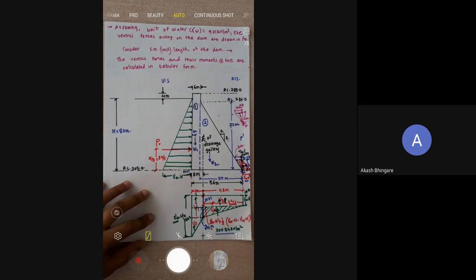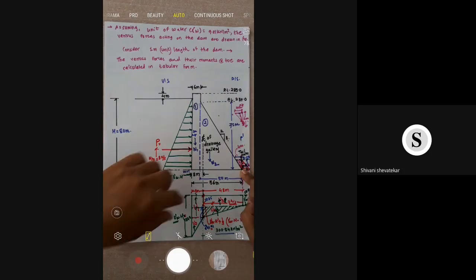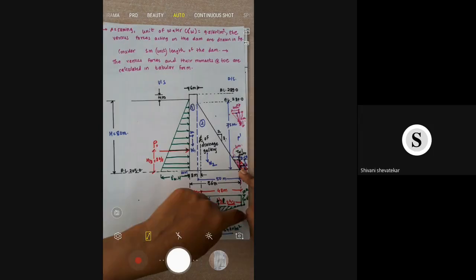Okay, what is the nature of movement? That only you have to reply. Clockwise or anti-clockwise? Toe is there, it is a horizontal force, so it will be creating a movement in which direction? Yeah, Anand.